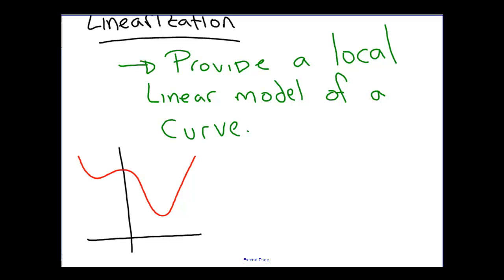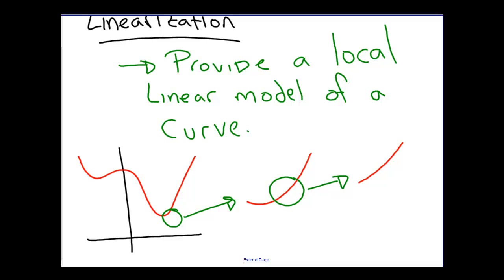We can look at closer and closer points, maybe right here. If we zoom in on this particular part of the function, what we see is a curve that looks something like this, and if we continue to zoom in, what we find is that eventually the function starts to take on a more linear shape.